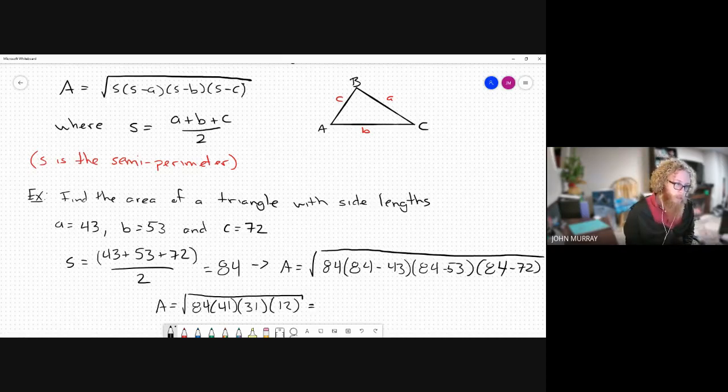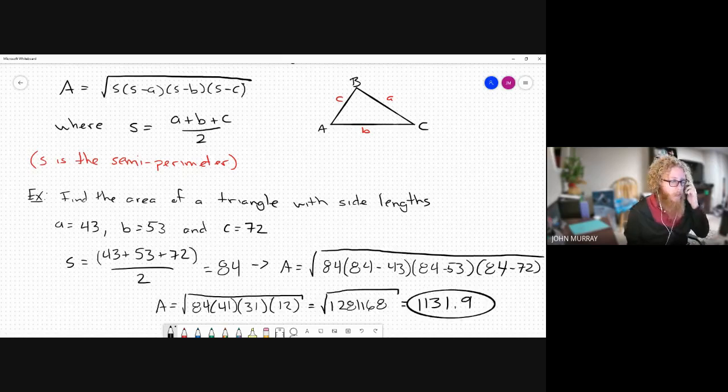So usually, if you're dealing with large numbers, this number is going to be pretty big. The square root of 1,281,168. And you take the square root of that, and we get our area is 1,131.9.